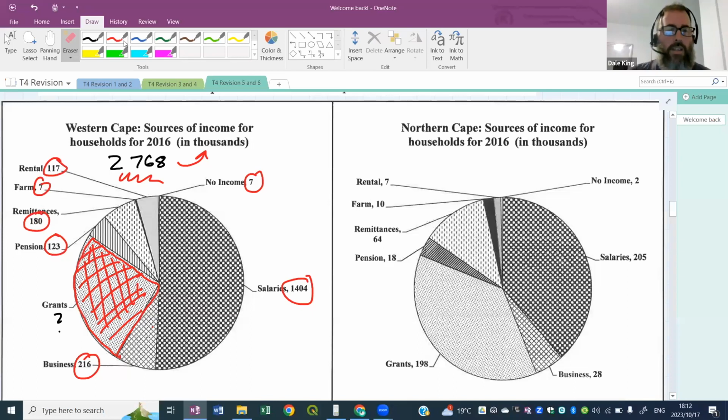We see salaries here on the right-hand side is 1404, and that salary piece of the pie looks almost half to me. Maybe not exactly half, but it looks like half. Then how big will the grants piece be? Some people are saying 714, 789.